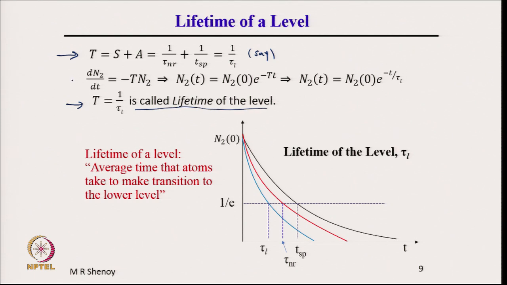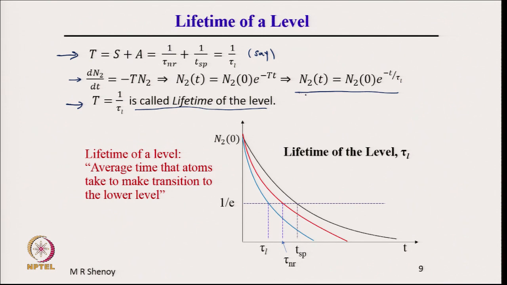Because dN2 by dt here is equal to minus T times N2, which implies N2 of t is equal to N2 of 0 into e to the power minus T into t. Capital T is the coefficient for the spontaneous transition rate, and small t is time, and therefore N2 of t is equal to N2 of 0 into e to the power minus t by tau L, because T here is equal to 1 over tau L.